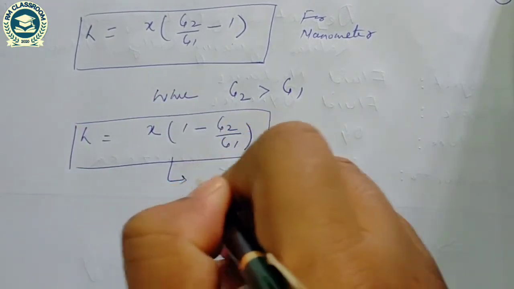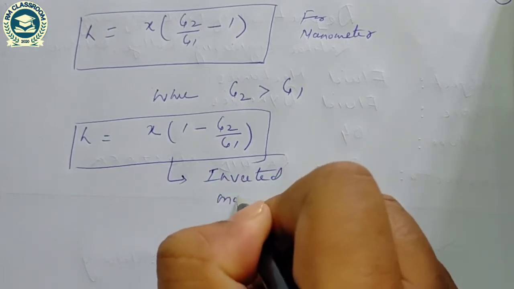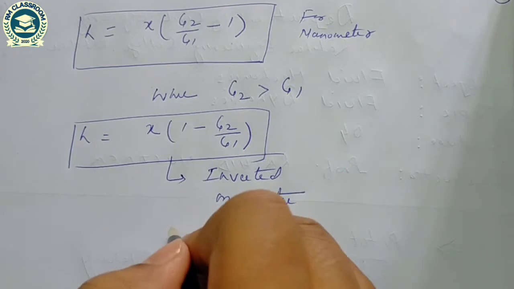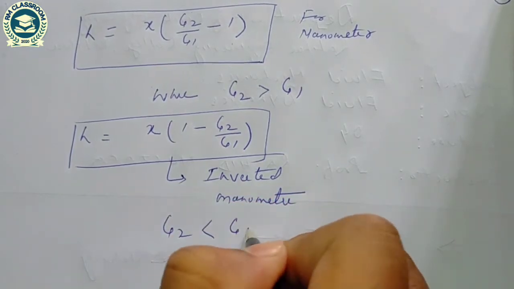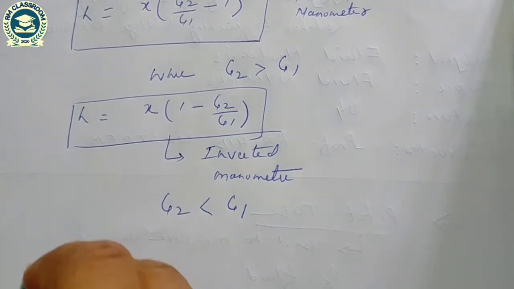This is for the inverted manometer, where G2 is less than G1, and G2 and G1 are the specific gravities of the fluids.